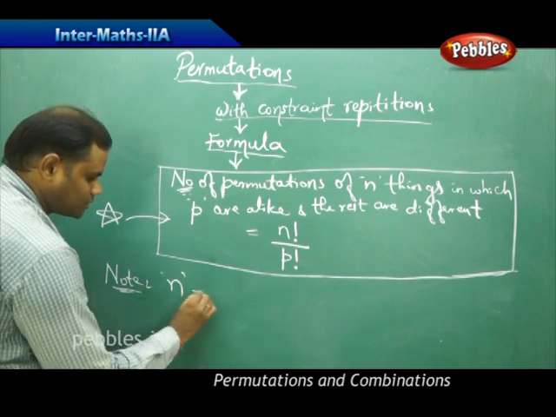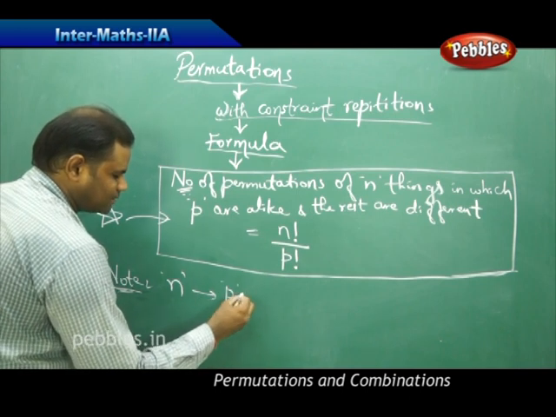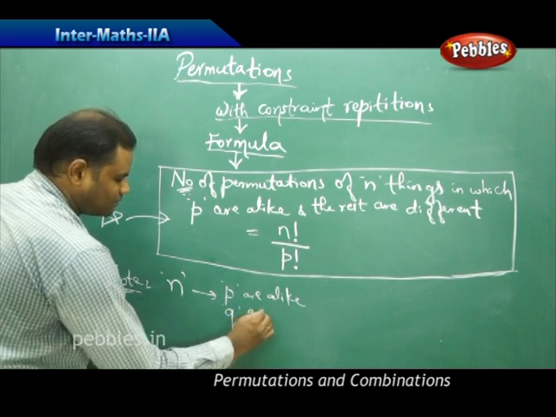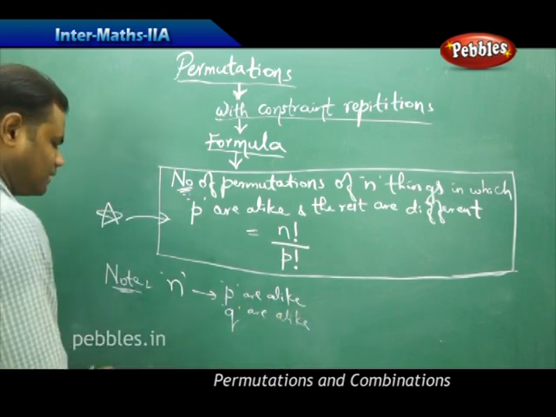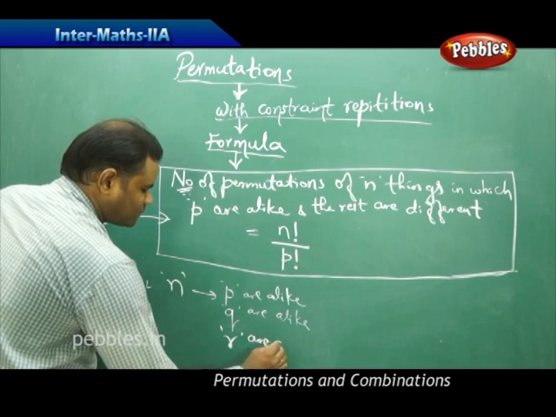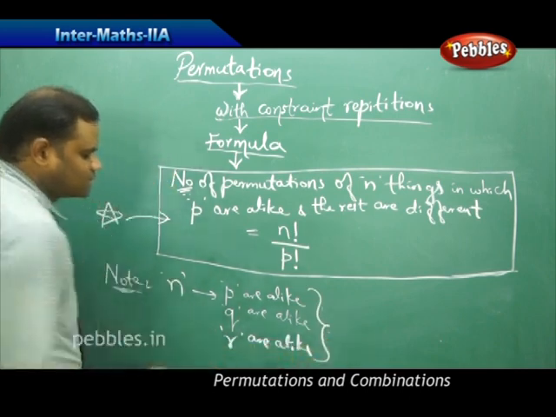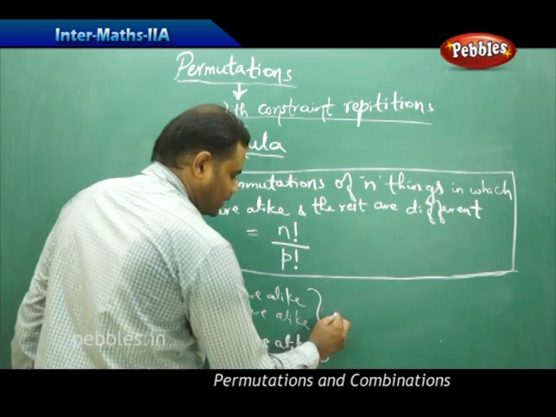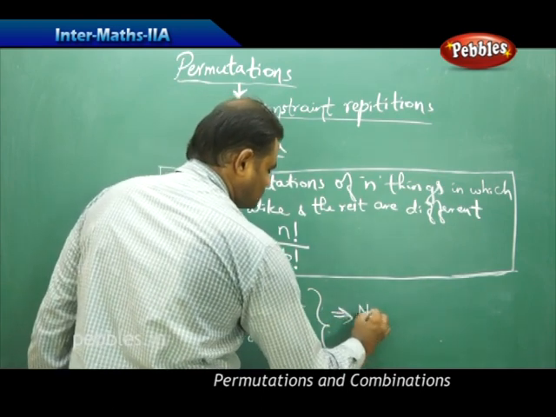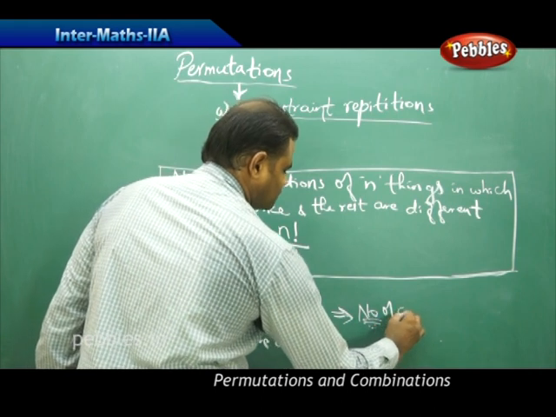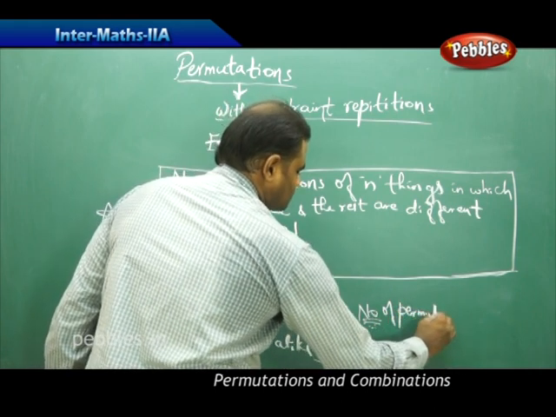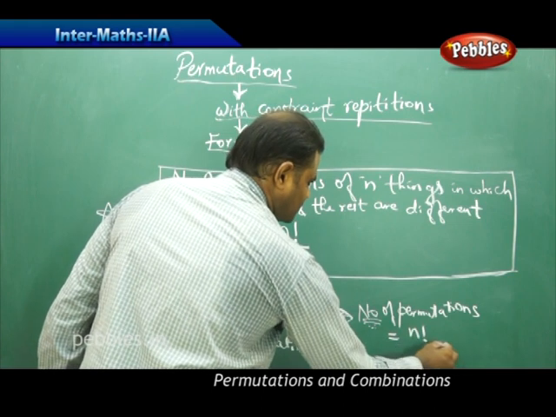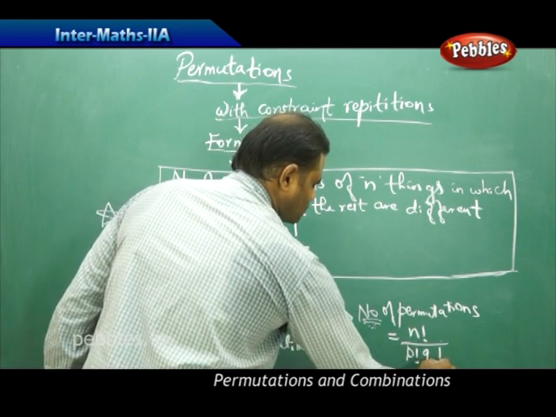Now the same formula, if I extend it: if there are n things in which p are alike, q are alike and r are alike, then in this case, if I have p, q and r which are all alike in their own way, the number of permutations is given by n factorial by p factorial, q factorial and r factorial.